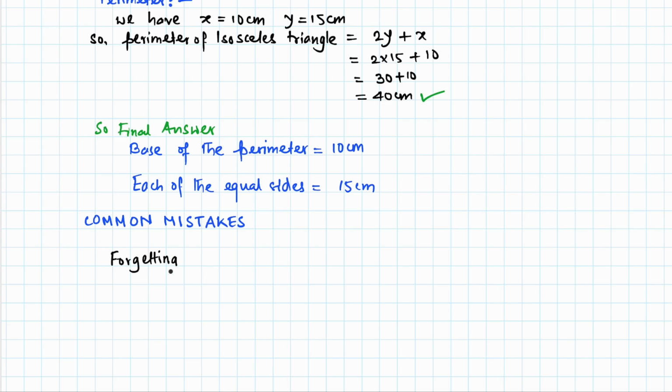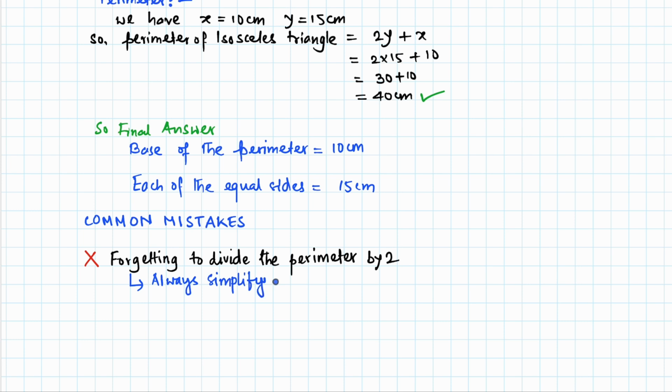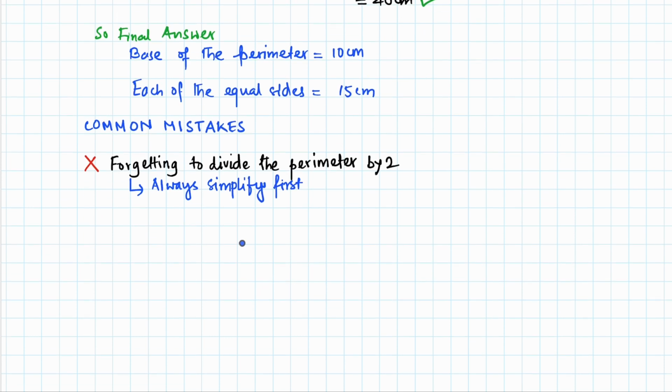Forgetting to divide the perimeter by 2, so always simplify the first equation. For example, for a rectangle, 2 into (length plus breadth) equal to some given perimeter, you have to divide it.